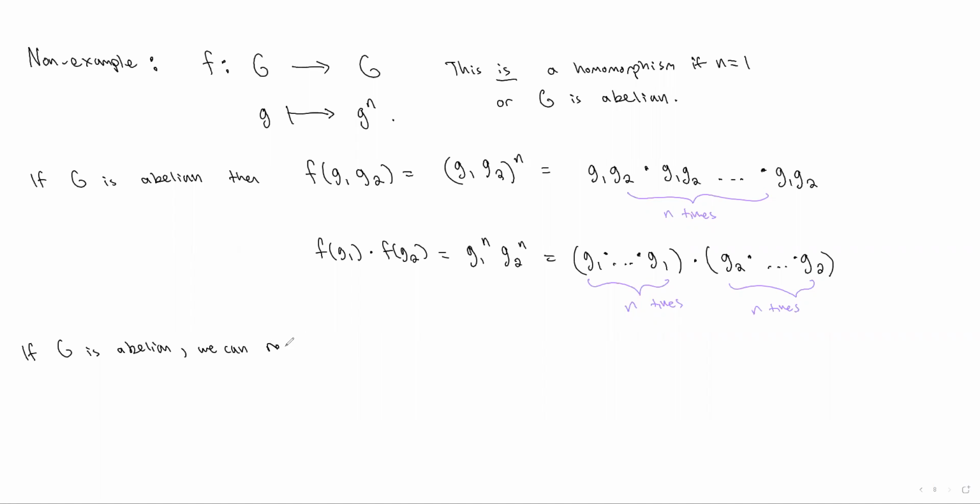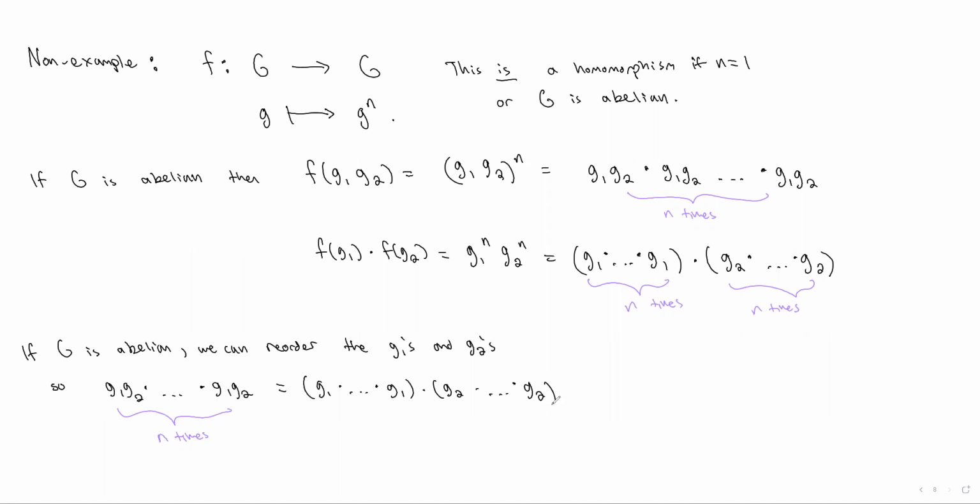So g1 g2 times g1 g2, n times, is equal to g1 times itself n times, and g2 times itself n times, right? Because you just move the terms around because it's abelian.